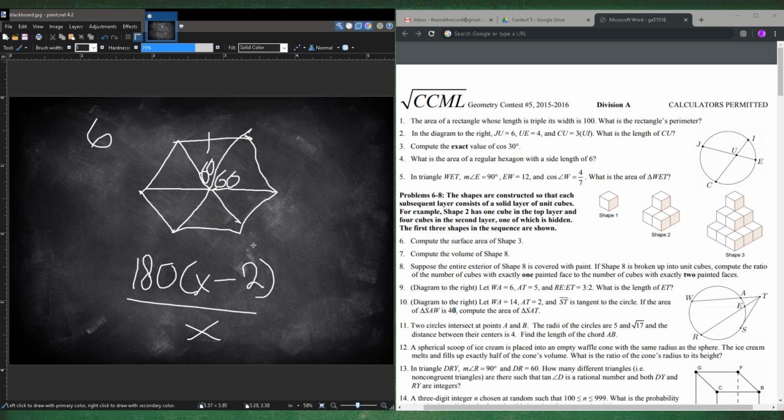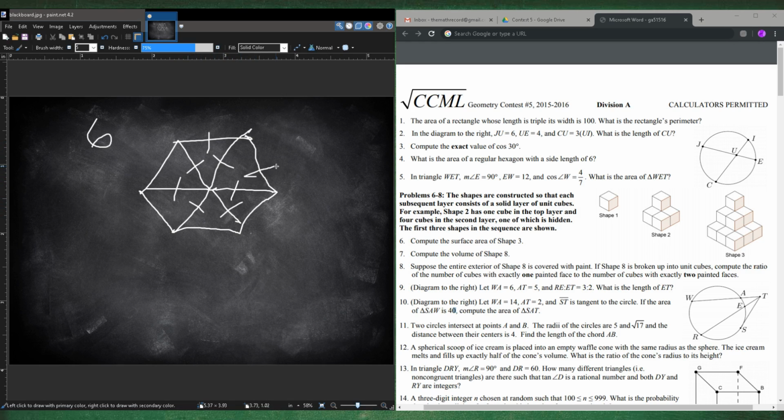So 180 times 4 divided by 6 is 120. Since this line bisects it, 120 becomes 60 and 60. So since this is 60 and this is 60, this also has to be 60. So it's equilateral, which tells me that all these sides are exactly the same.